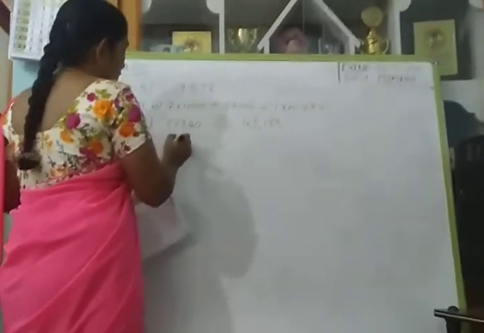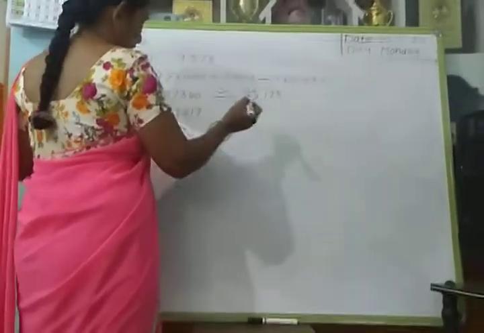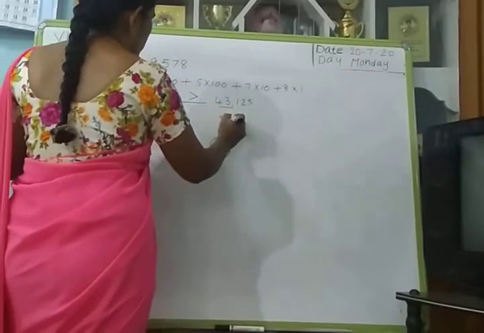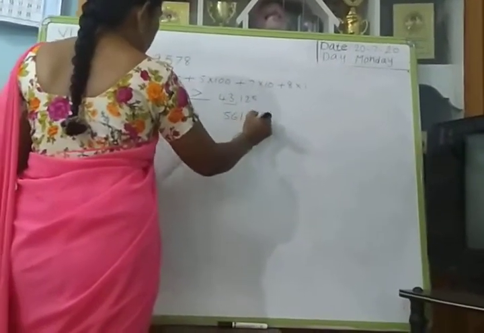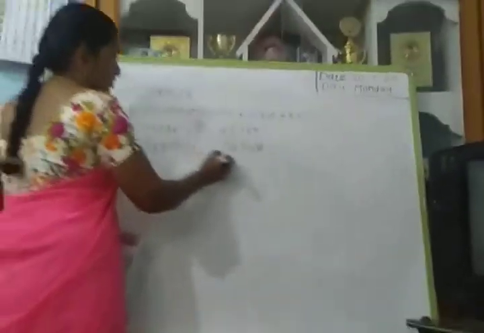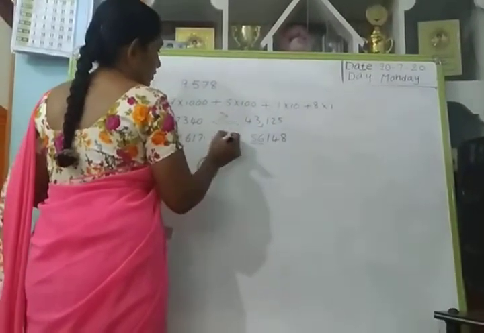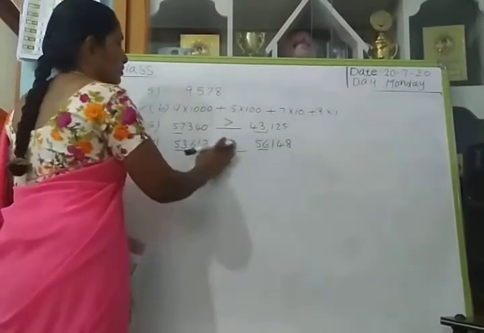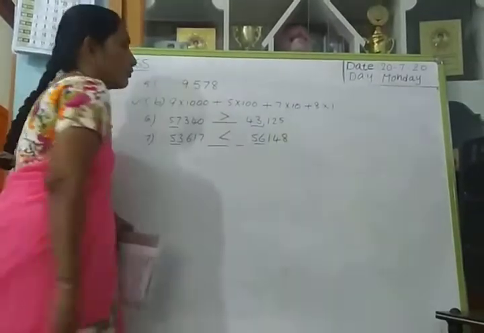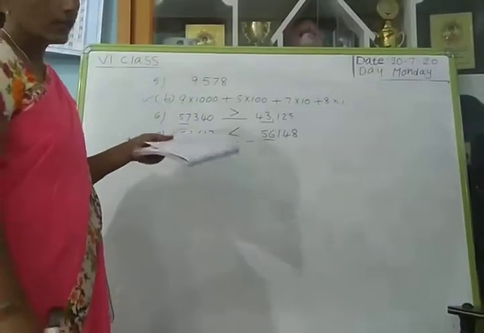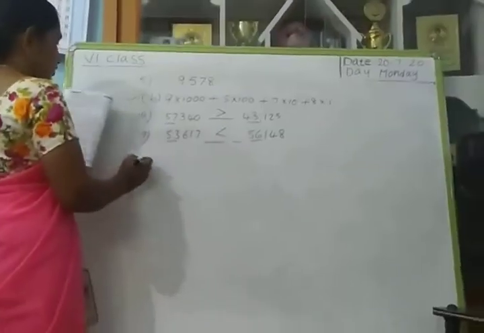Next one, 53,617 and 56,148. 53,000 and 56,000, 53 is less than 56. So you have to write the less than symbol there.